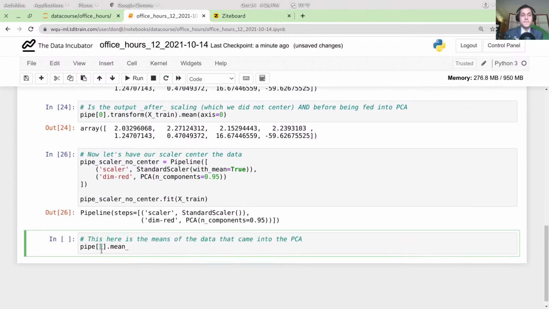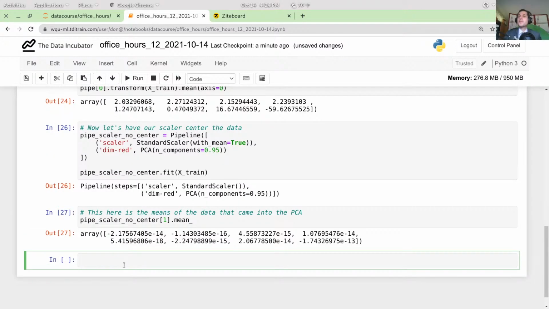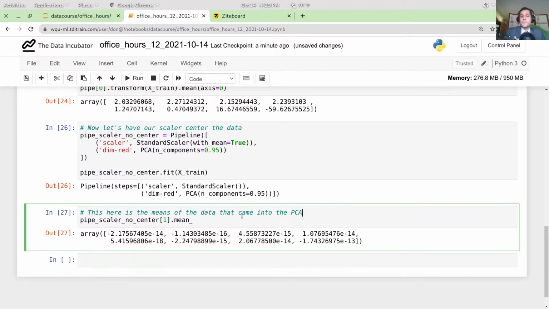Let's look at the mean of my PCA. Oh, look at that. They're all nearly 0. Strictly speaking, they're not 0, right? They're 1 times 10 to the negative 14, negative 18. So it's within machine error, right? It's within machine precision.